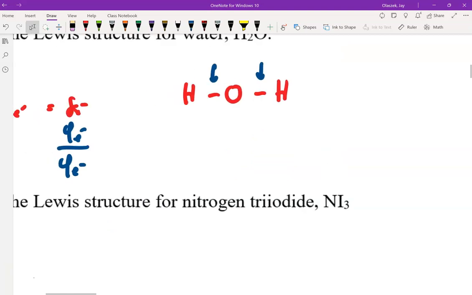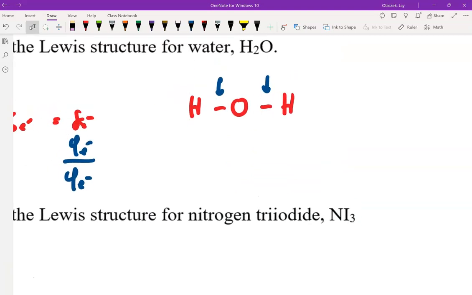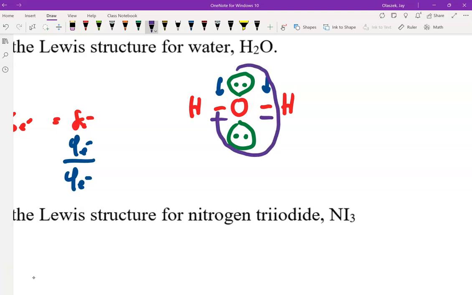There's no more room, and yet we still have 4 extra electrons. So we're going to put those around the center atom. I always draw this shape around them. And so that means that these hydrogens have access to 2, which is all they can hold, and the oxygen has access to 8. And so this structure here is the Lewis structure for water. And we'll leave it just like that.